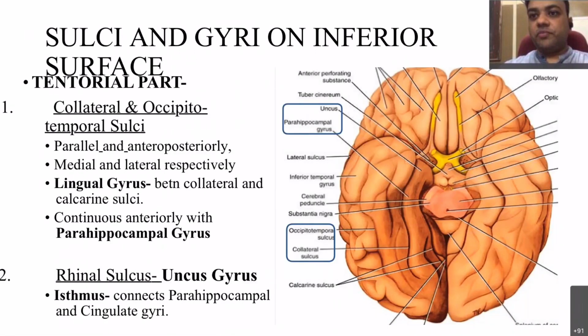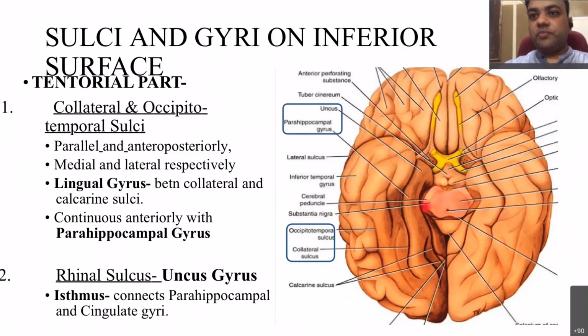We will come to the tentorial part. Here, the tentorial part. Here we will see the collateral and the occipito-temporal sulcus. You can see the collateral sulcus here. It is the most median portion. You can see the midbrain here.